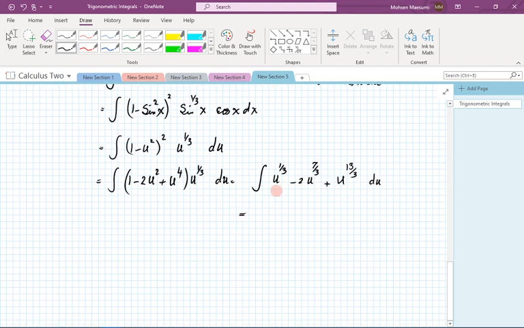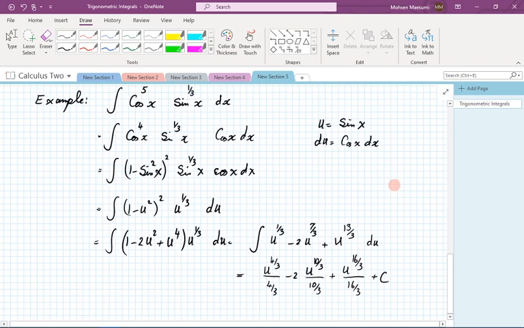So I integrate, so u to the power of this is 4/3 over 4/3, minus 2u to the power of this is 10/3, adding 1 to that, dividing by 10/3, plus u to the power of this is going up by 1, becomes 16/3, and then 16/3, and then a constant, and then we go back and do the back substitution.